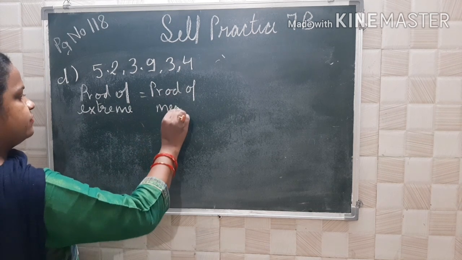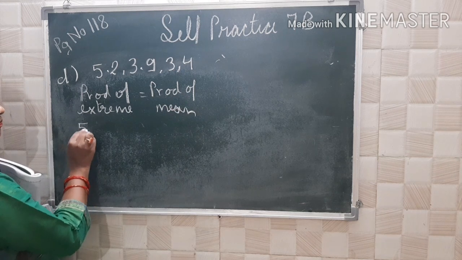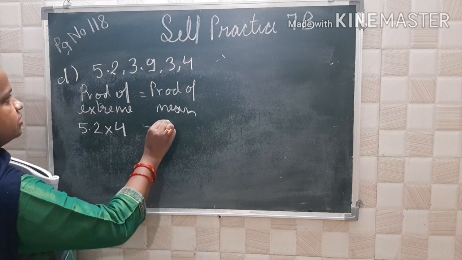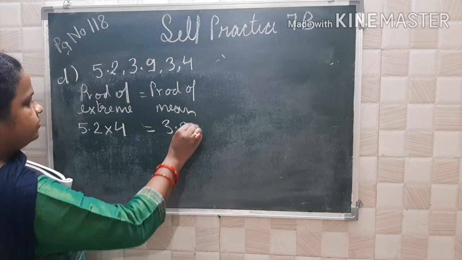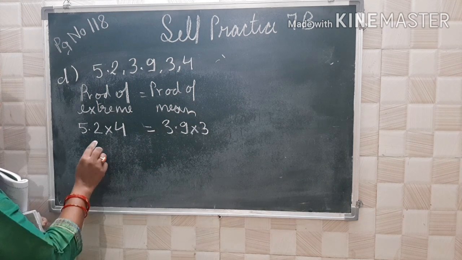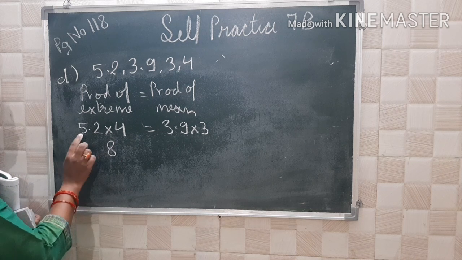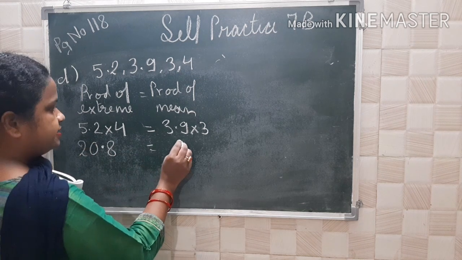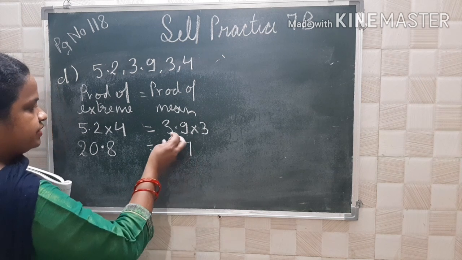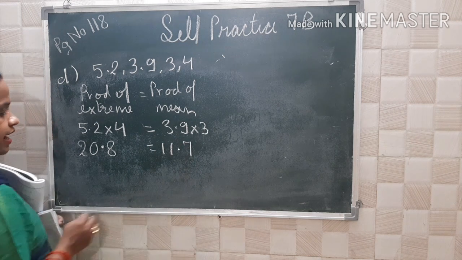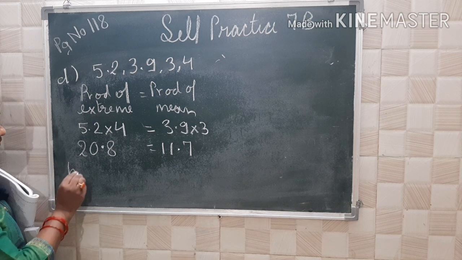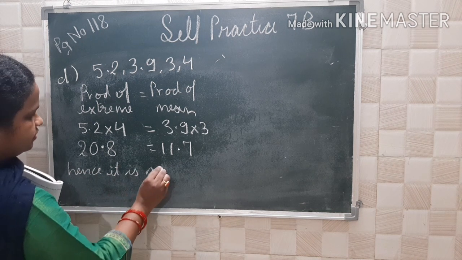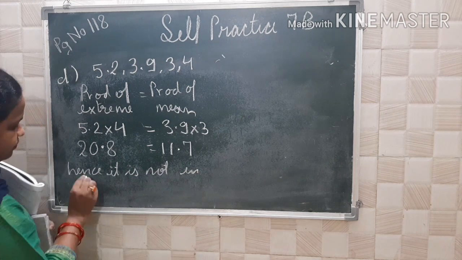Now what is product of extreme here? 5.2 into 4. It should equal 3.9 into 3. 4 2s are 8. 4 5s are 20, 20.8. 9 3s are 27. Carry 2. 3 3s are 9, 10, 11. Are they equal to each other? No. Hence, it is not in proportion.